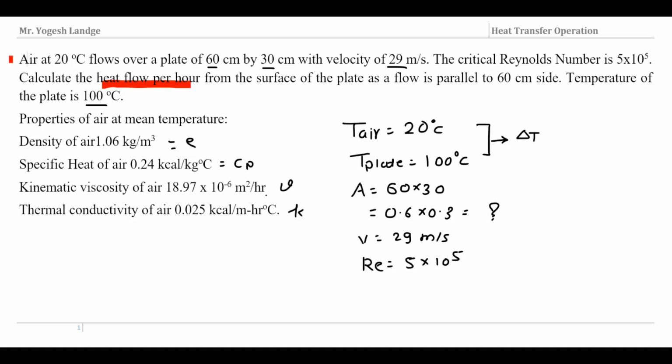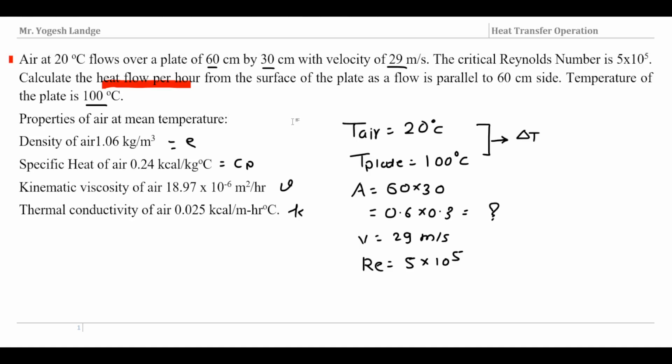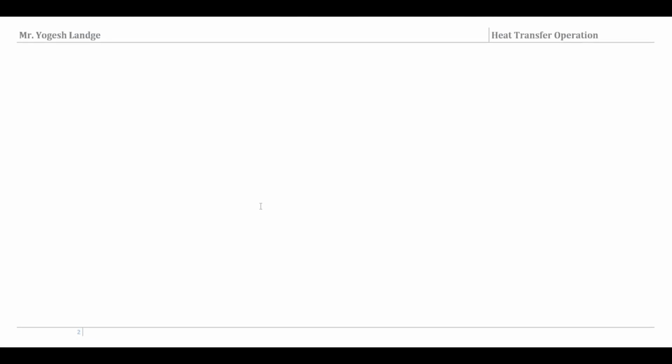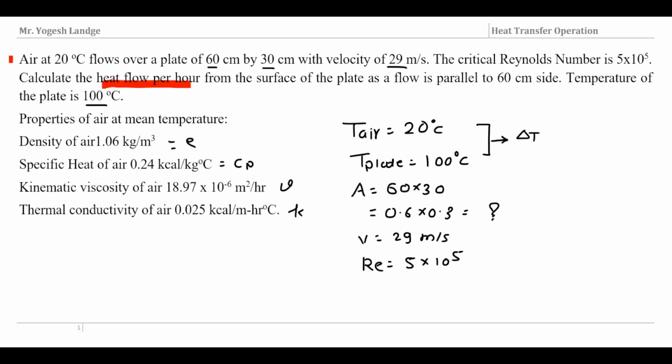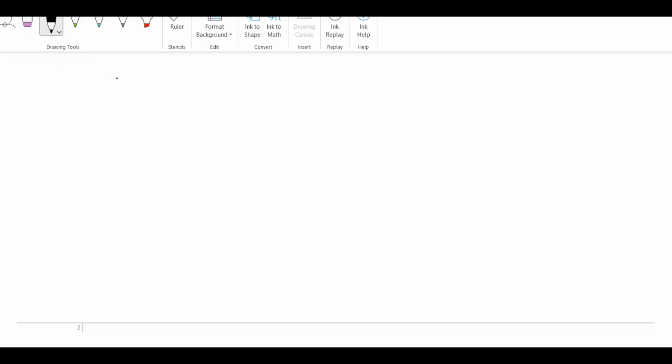To calculate the Q, we have the formula: Q is equal to h A delta T. If we know the values of h, A and delta T, we can easily calculate this.